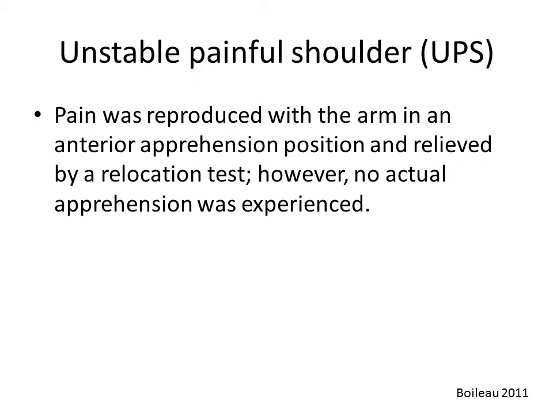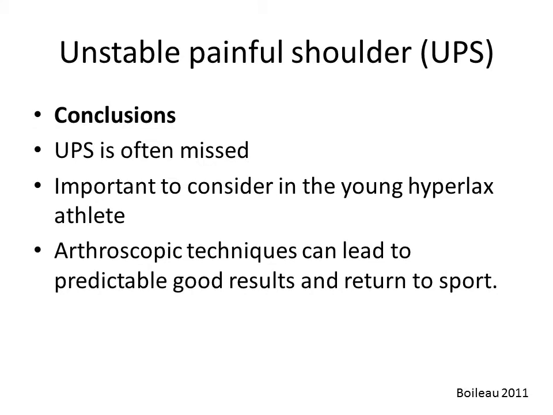However, no actual apprehension or feeling of instability was experienced. They concluded that UPS is often missed and is important to consider in the young hyperlax athlete, and arthroscopic techniques can lead to predictable good results and return to sport.